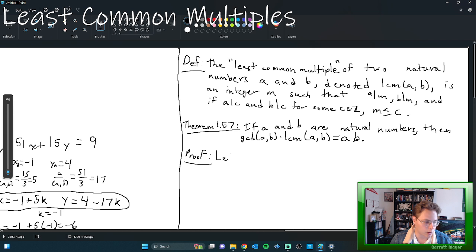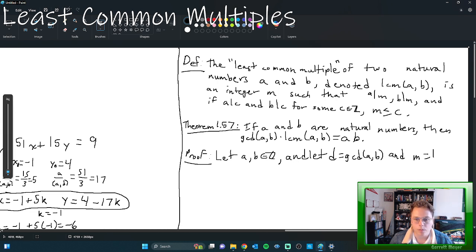So to prove this, we're going to let A and B be integers, and we're going to denote D as the GCD and M is the least common multiple. Okay, from there, D divides A, so we know that D obviously divides AB by theorem 1.6.